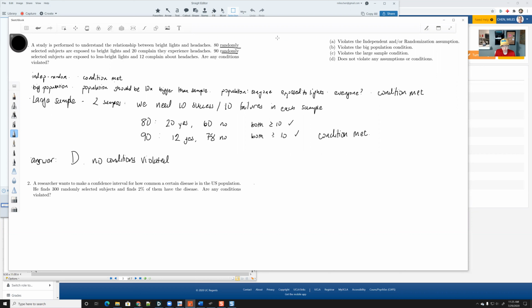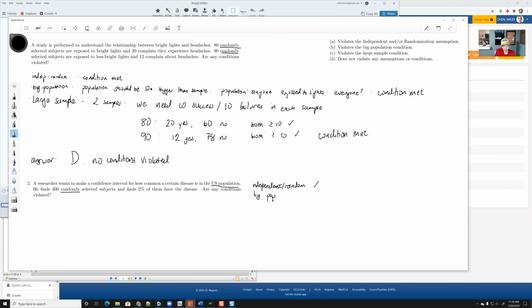So independent and random. That's met. Okay. Randomly selected. So yeah, well, I'll work through some of these here, and then I'll post the answers to CCLE as well.